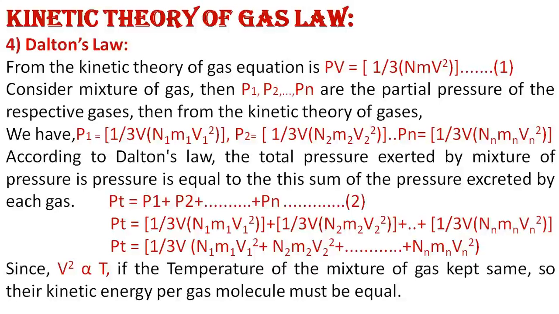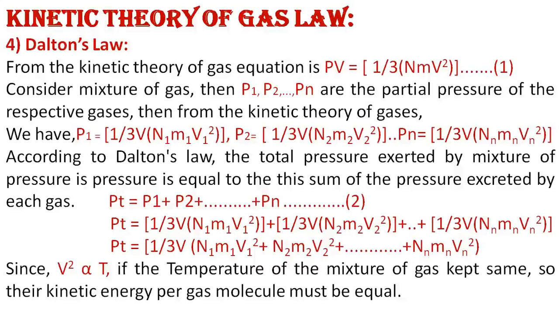According to Dalton's law, the total pressure exerted by a mixture of gases is equal to the sum of the pressures exerted by each gas. So the total pressure is equal to P1 plus P2 up to Pn. That is equation number 2.